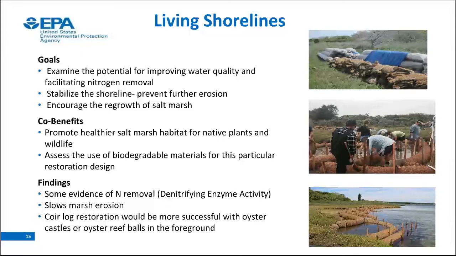And we found some evidence of nitrogen removal based on denitrifying enzyme activity. We saw that the marsh eroded less behind these systems than it did in other systems, and found that the coir log restoration would be more successful if you place oyster castles or other reef balls, hard structures in front that could break up wave energy.